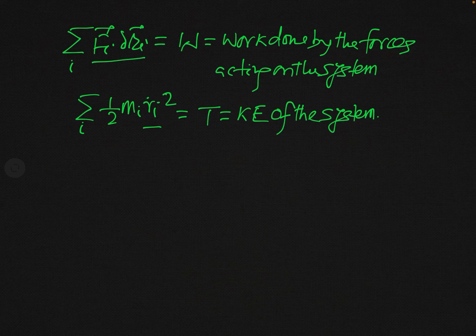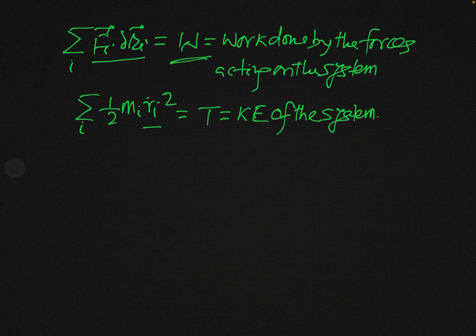But as I have told you earlier in the statement, this principle is valid only for a conservative holonomic system. So our system is conservative, so definitely the forces acting on this system are conservative forces, and you know the work done by the conservative force is equal to the negative of the change of potential energy of the system. So this work done W, which is work done by the conservative force, must be equal to the negative of the change of potential energy.